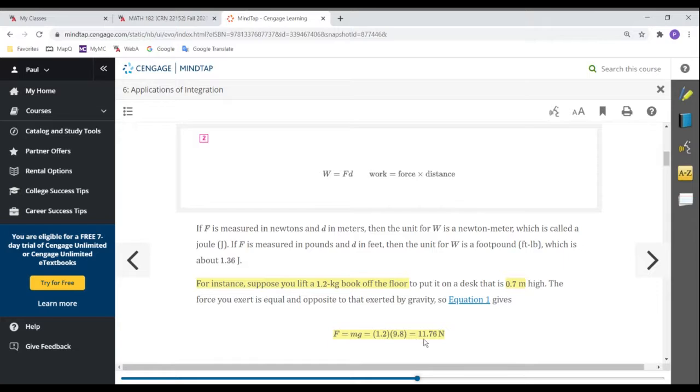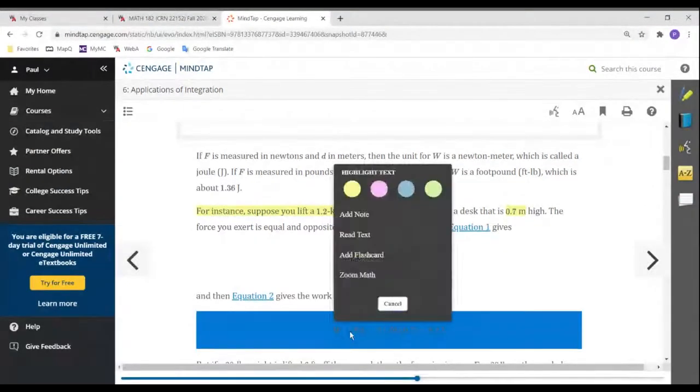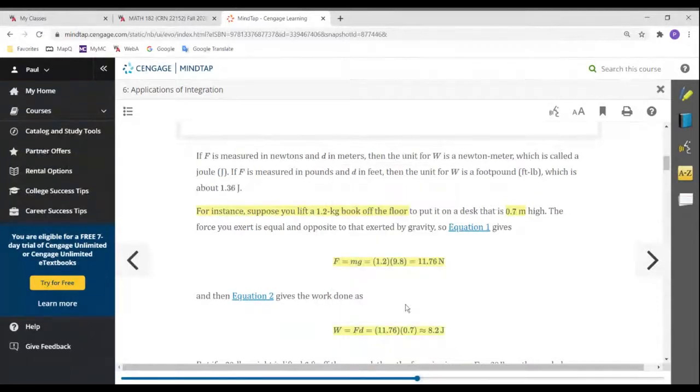So the force that you applied is 11.76 newtons. The work done would be equal to the force times the distance. So that's going to be 11.76 newtons times 0.7 meters, and that equals 8.2 joules.